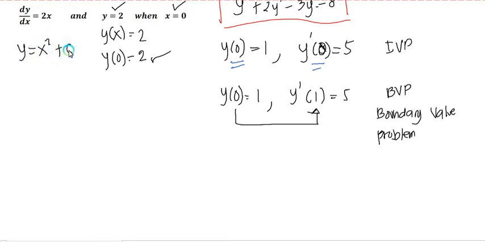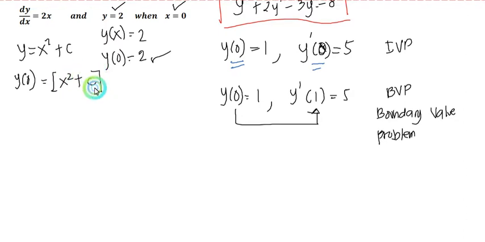Since the constraint says that y must be equal to 2 when x is equal to 0, we can substitute right away. That means y at x equals 0. We have x squared plus c, so I will substitute the value: x squared plus c, when x is equal to 0.